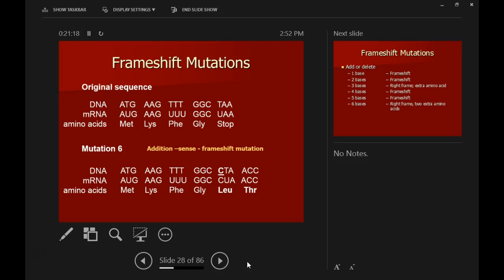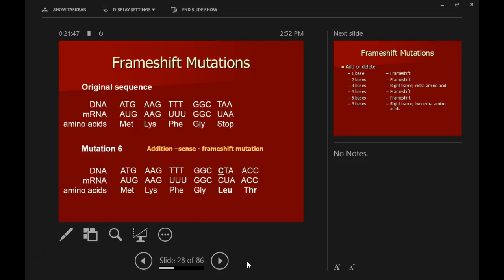Now, we've talked about nonsense as a premature stop. What would a sense be? It changes a stop codon to an amino acid. So the next stop might be over here, or it might be 1,000 codons down. Basically, what you end up with is a protein that's going to be much, much longer.